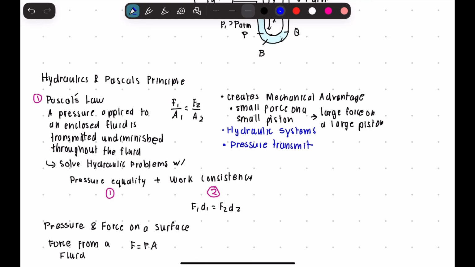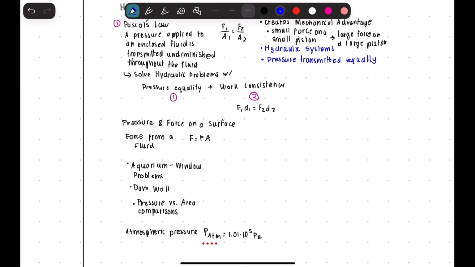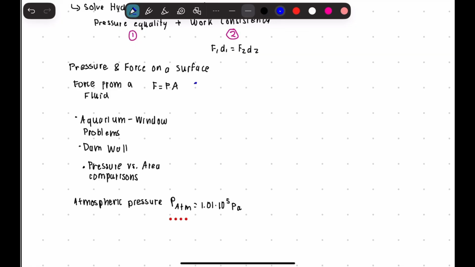Pressure is transmitted equally. Now, for force on a surface, it is just the total force from a liquid, as we said.